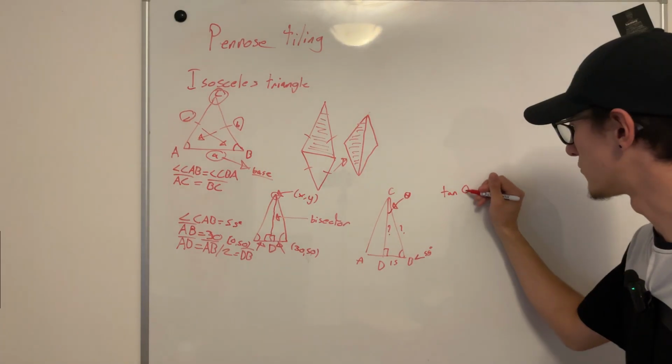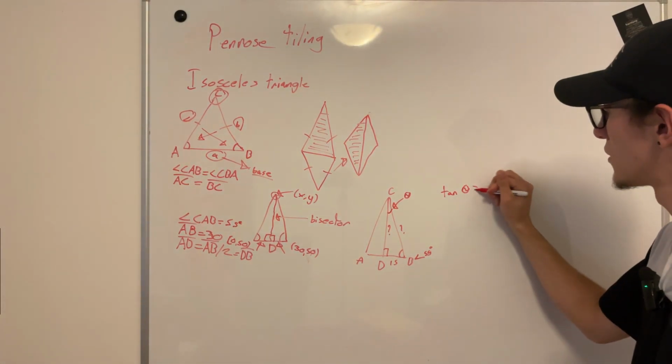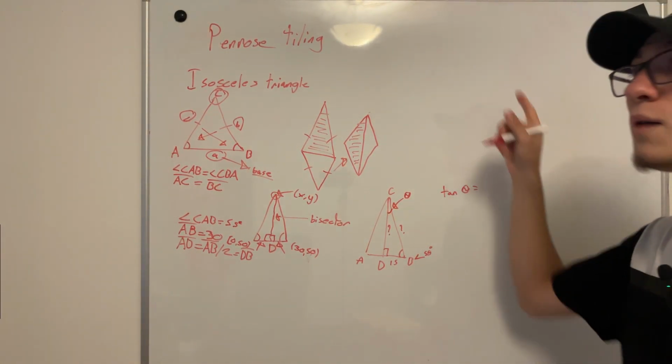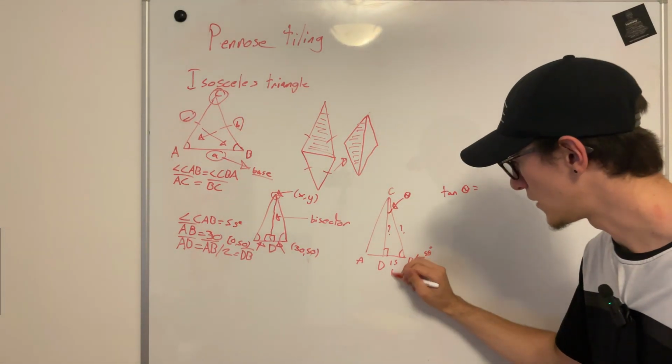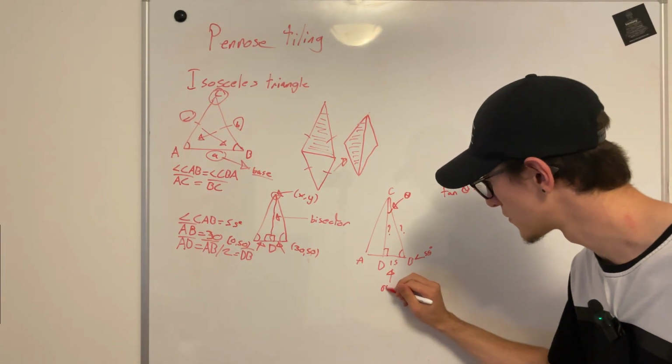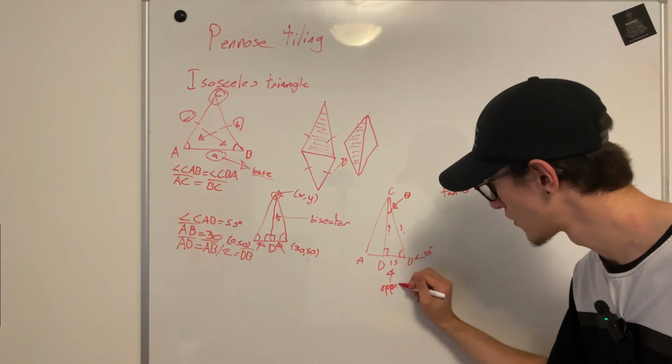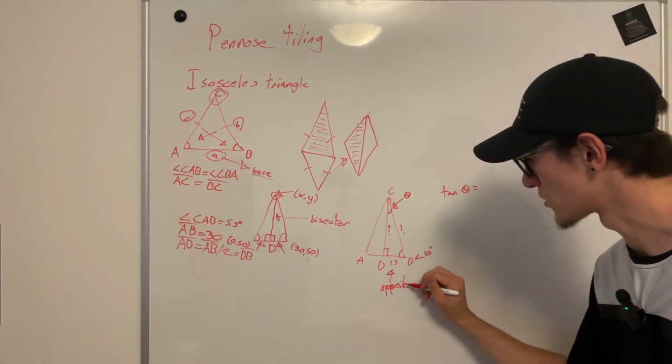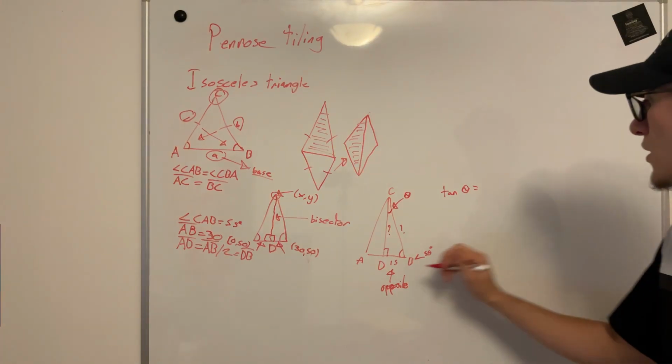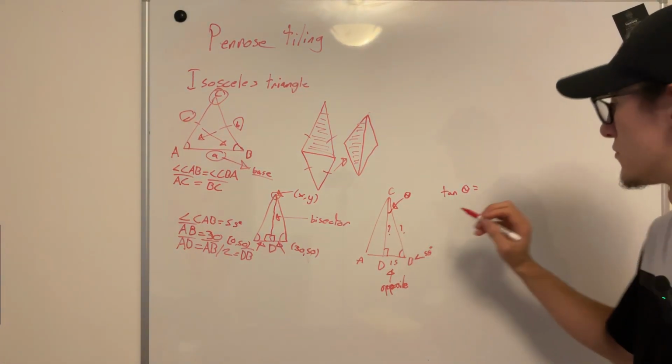So tangent of this angle equals, we said, opposite over adjacent. And this over here is opposite. Sorry for my poor handwriting. Opposite, and adjacent is here, which we don't know.